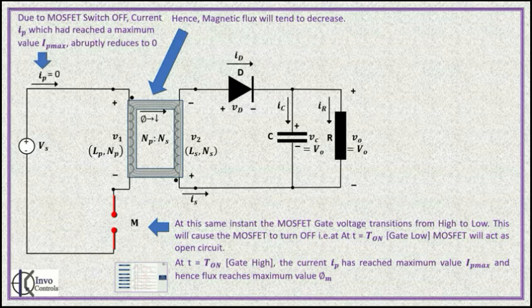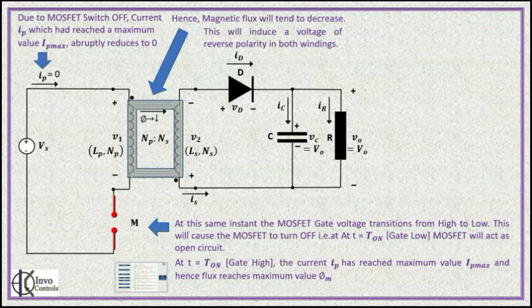This will cause a voltage of reverse polarity to be induced in both the windings. Now you need to note that during the duration T on, the primary current was increasing, hence the flux was also increasing. Therefore, we considered the induced voltage in both the windings to be of one particular polarity.